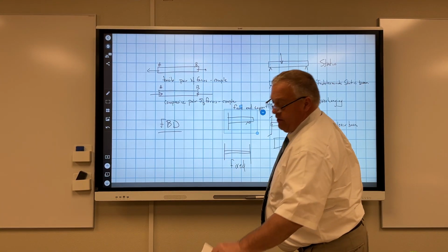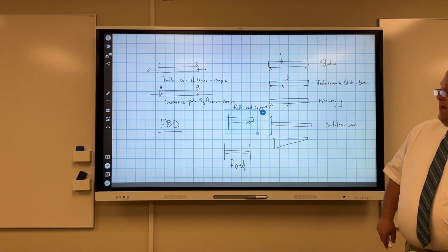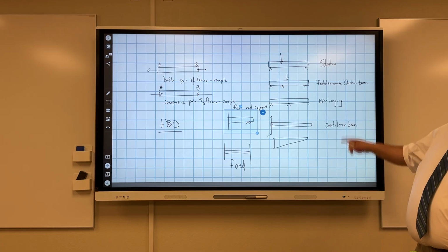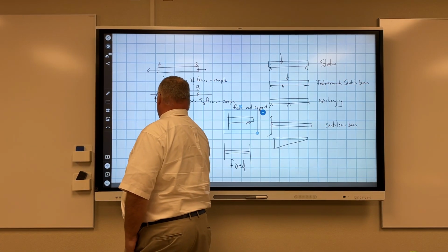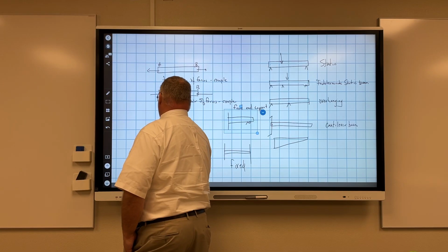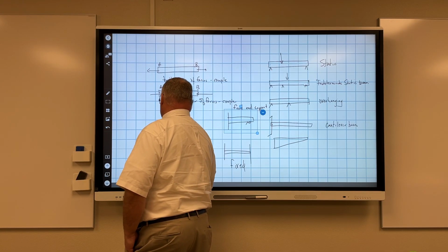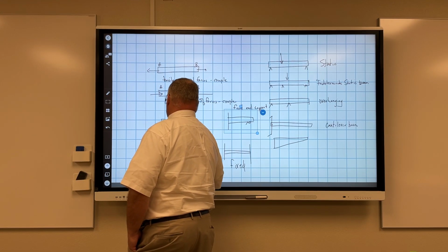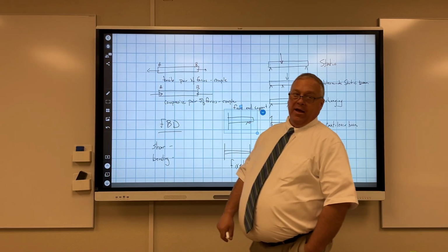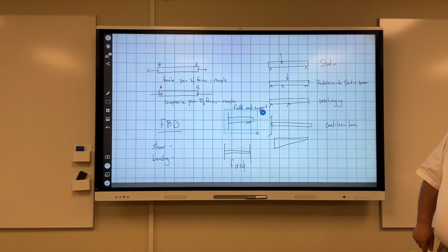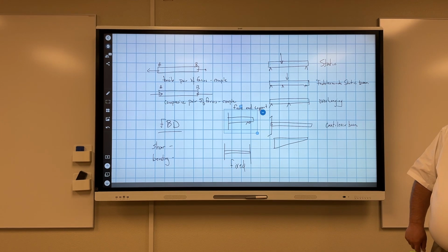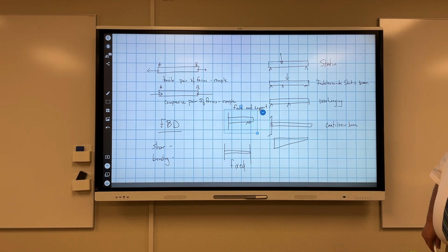Now, with that, each type of beam can experience something called shear or bending. Okay? What is shear? Cross force. Okay, well, maybe not a cross force.